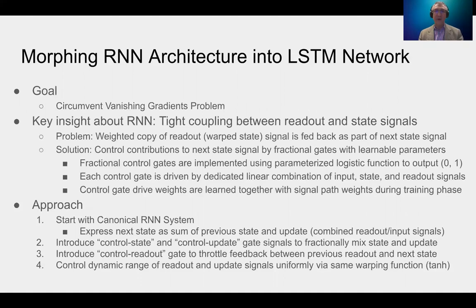We will now evolve the canonical recurrent neural network into the long short-term memory network using logical reasoning. We start with the canonical RNN because, if you remember from an earlier part of the talk, it utilizes a contribution from the unwarped version of the state signal at the previous step, whereas the standard RNN system only utilizes the warped state signal at the previous step.